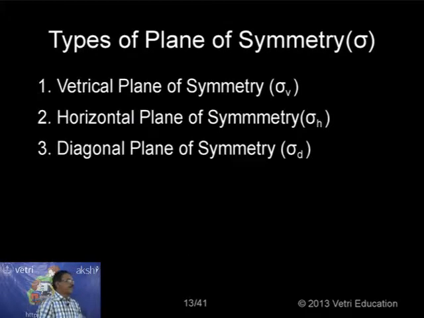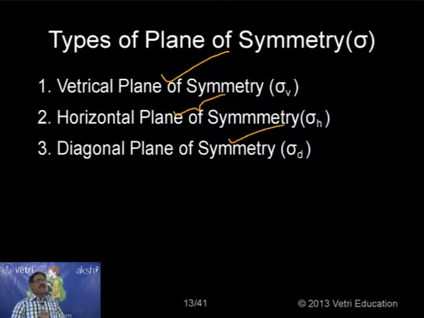Now, this plane of symmetry I can classify into three types. What are they? Number one, vertical plane of symmetry, number two, horizontal plane of symmetry, and third, diagonal plane of symmetry. When you say plane of symmetry, generally it means sigma, but we should analyze very carefully.